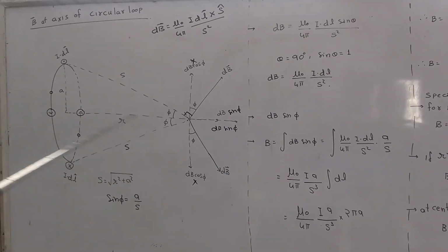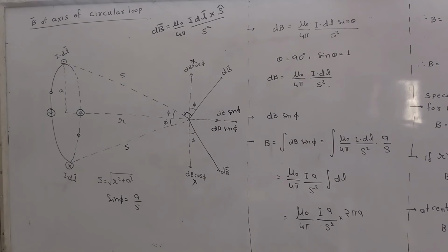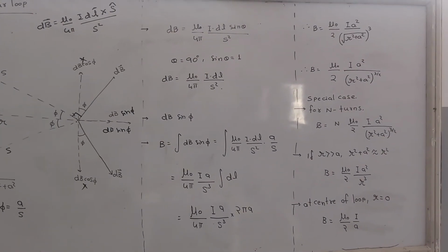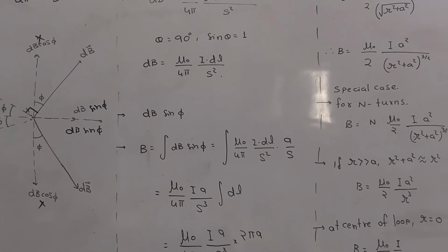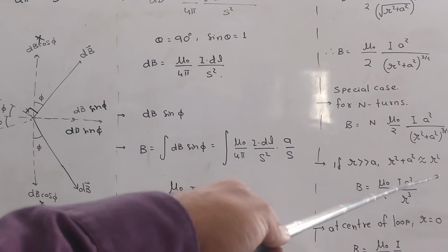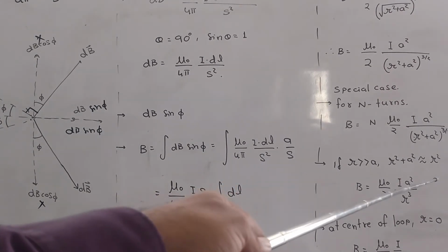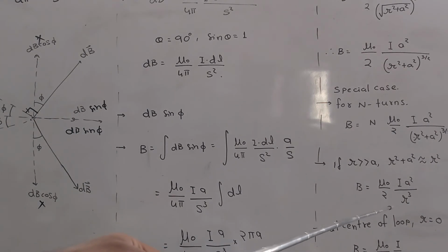That means r is very big but a is very small. So what mathematics takes place after this is that r square plus a square will be nearly equal to r square. Put this into this equation and what you get is this.